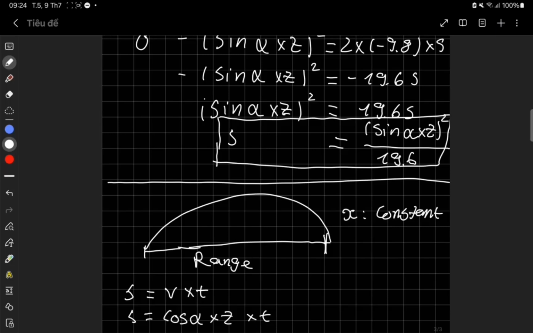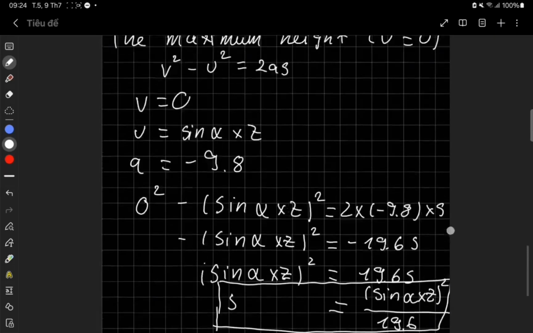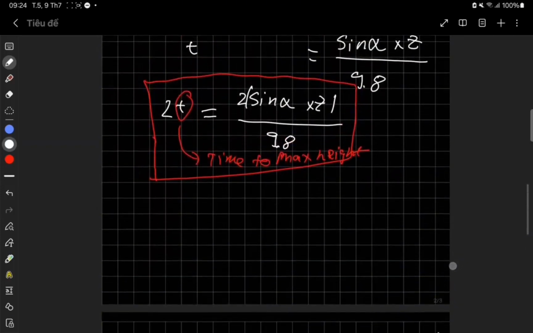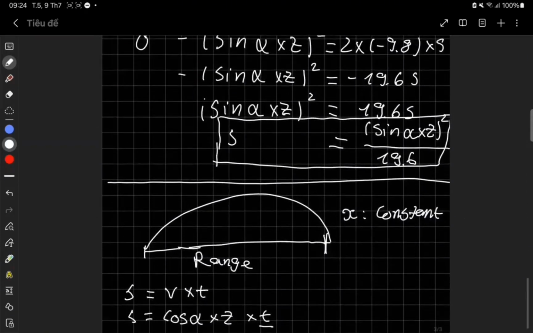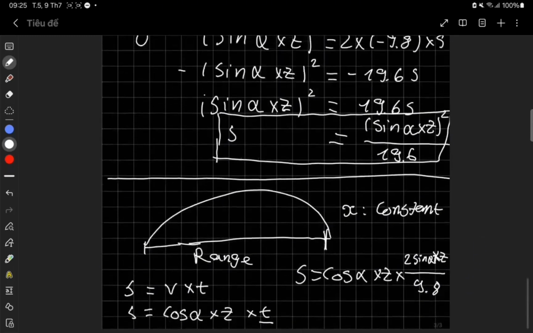And this t we can plug in from the previous formula, which is 2 sine alpha times z over 9.8.